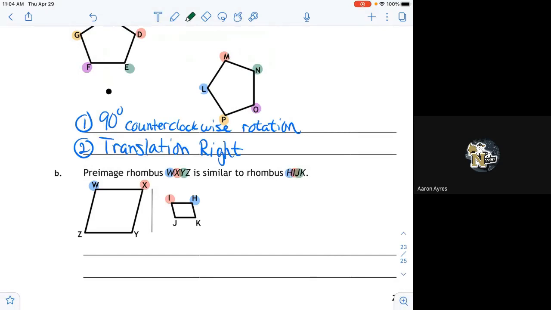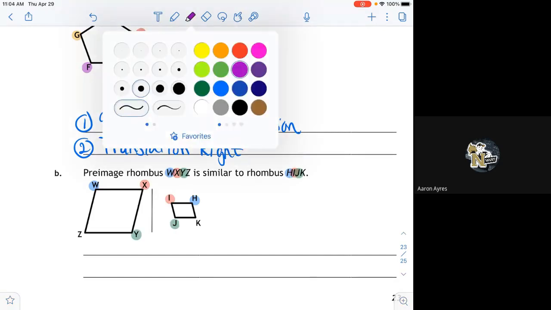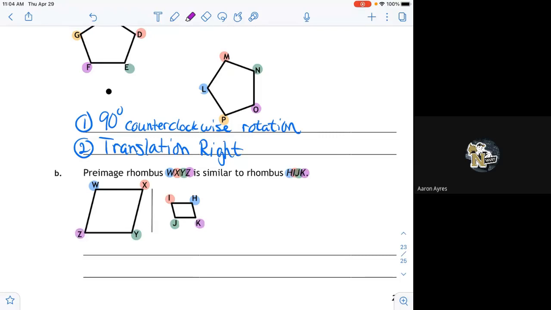You want to work on your own, then discuss it with your group mates? Okay, go ahead.